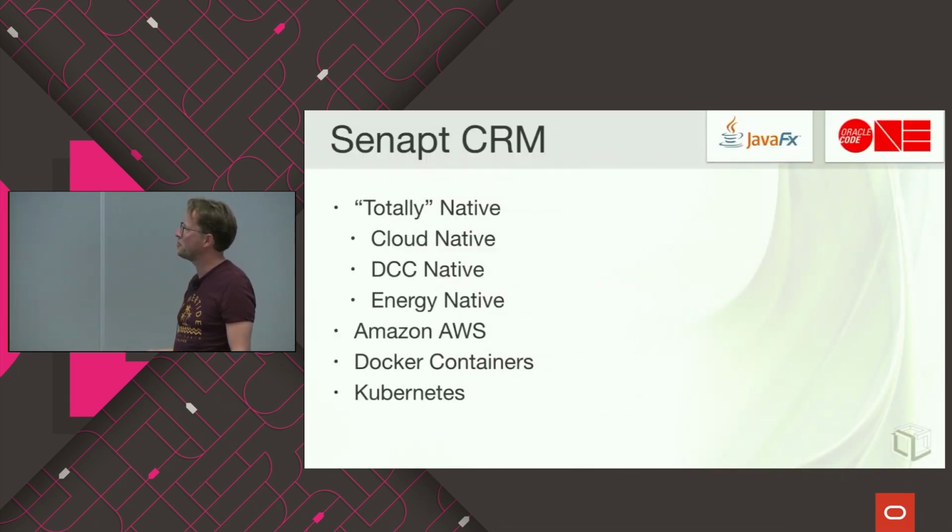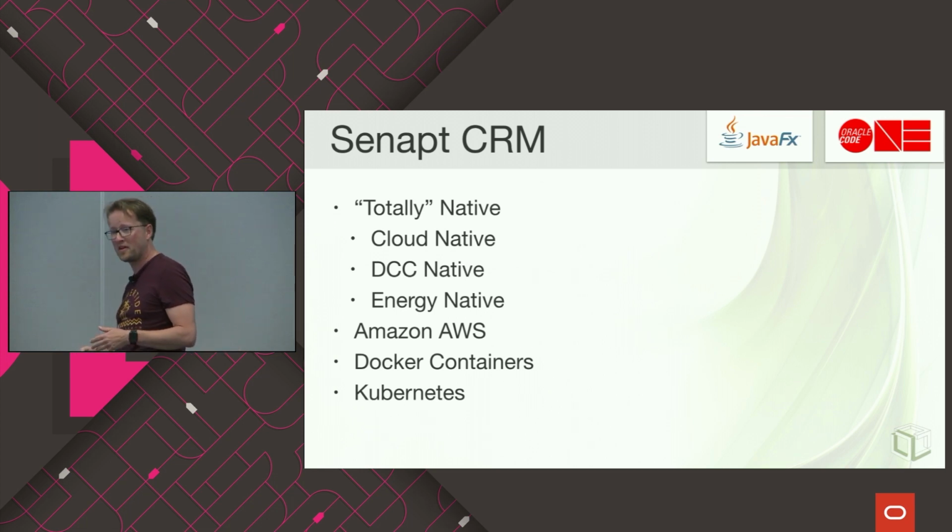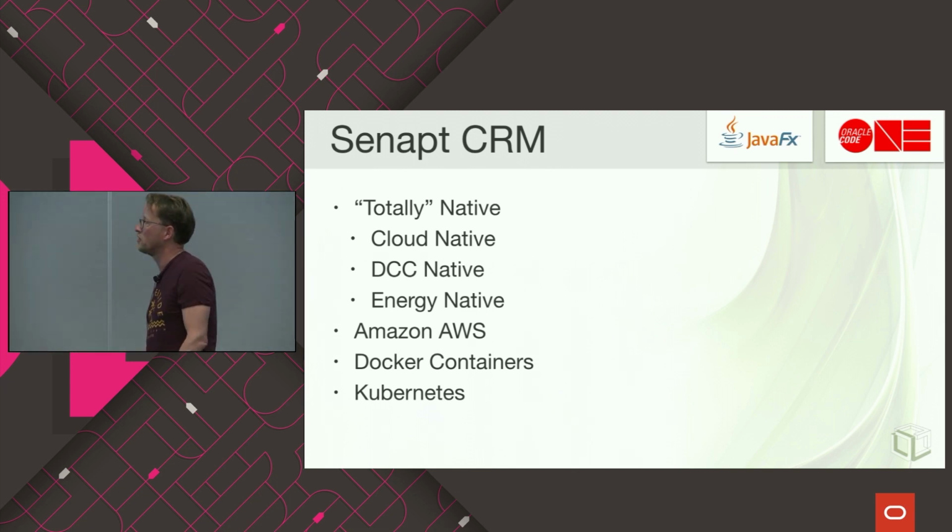Okay, so this Sinope customer relationship management software, we call it totally native because it's cloud native. It is DCC native. DCC is the network that they are establishing in England now to connect all the smart meters, not with each other, but with a central organization. And it is a system that is energy native, meaning this is not a CRM system that can be used by any company for any domain, any type of business, but only for the energy sector and only in the UK.